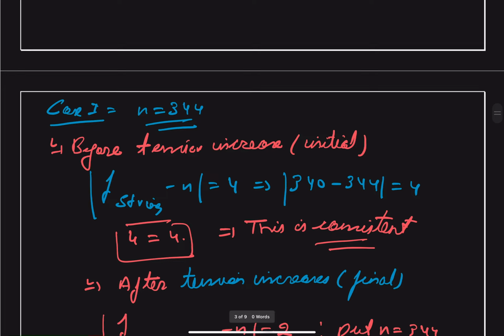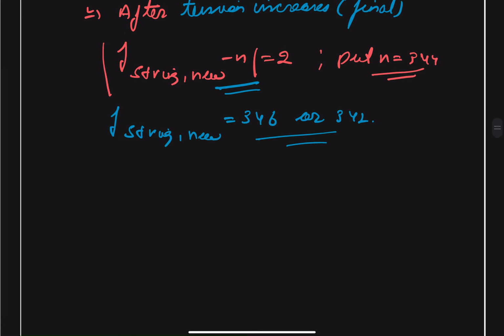So we are going to test it here. We can say that from equation 1, f string new should be greater than 340.